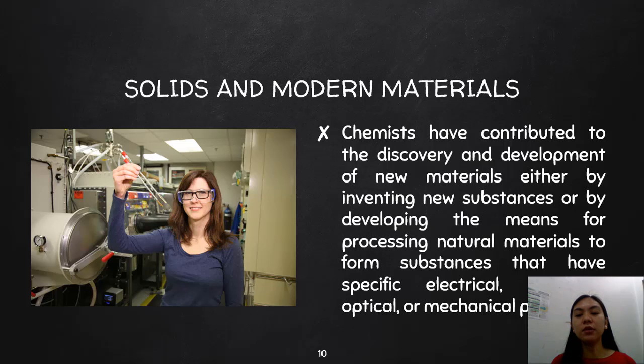And whenever your chemists, scientists, and engineers want to use a certain solid, they have to make sure that it conforms to the needed criteria, like your electrical property, optical property, magnetic, mechanical, and even sometimes chemical properties.